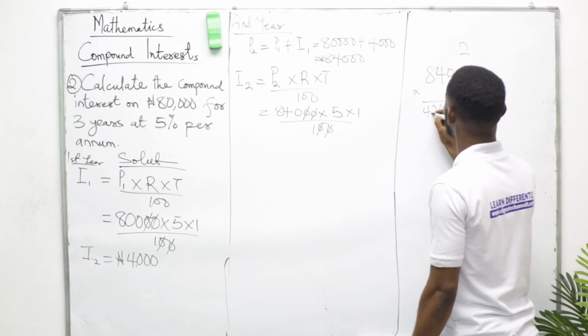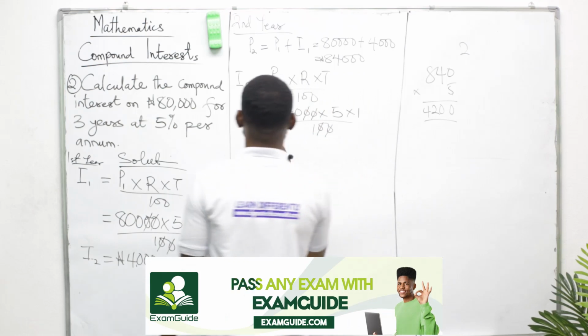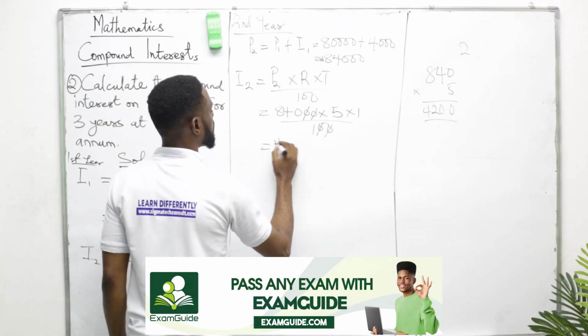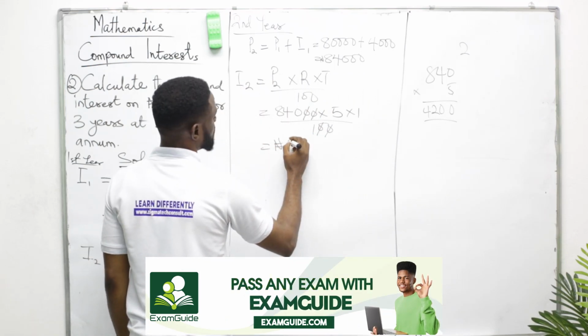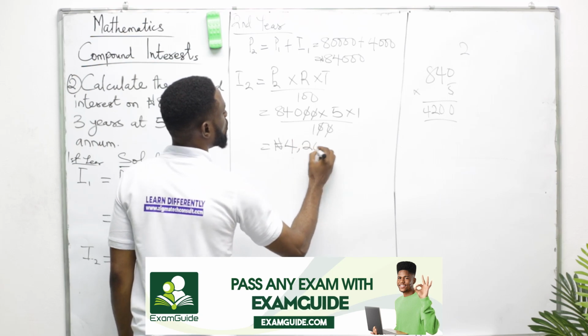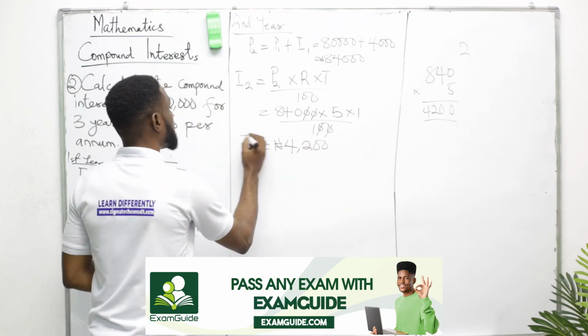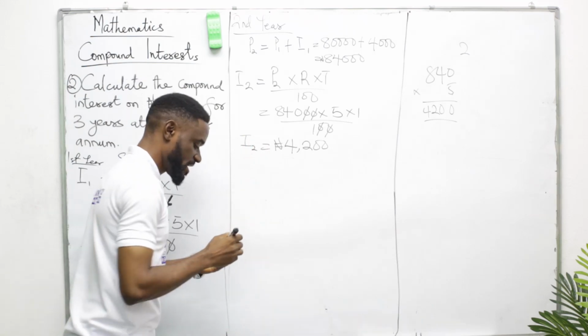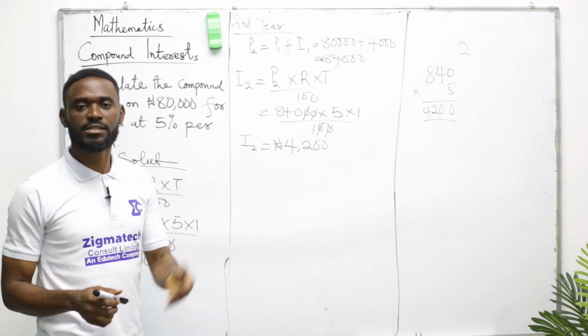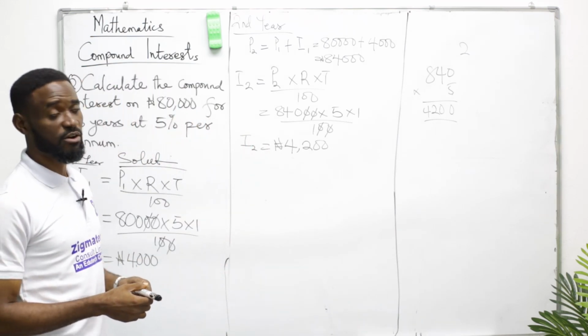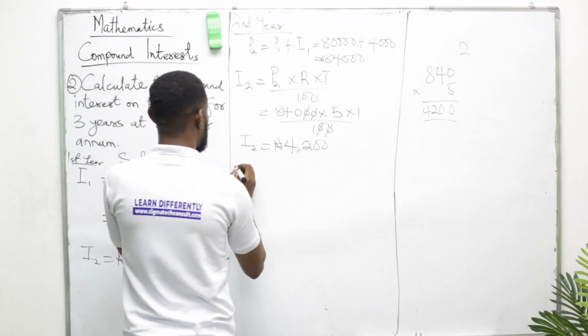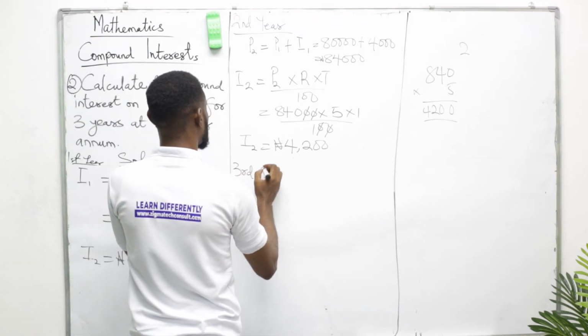So this is 4,200 naira. So the interest of the second year is 4,200 naira.